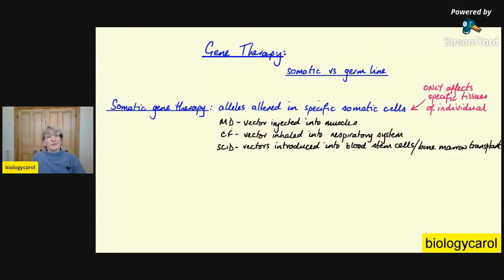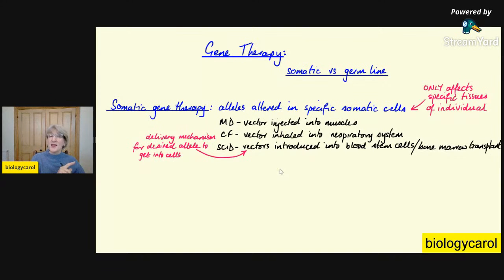So, for example, let's just remind ourselves what vector means. Remember that vector, you'll have come across this in your genetic engineering topic, where we change the genetic makeup of an organism by putting a gene from one organism into another organism.